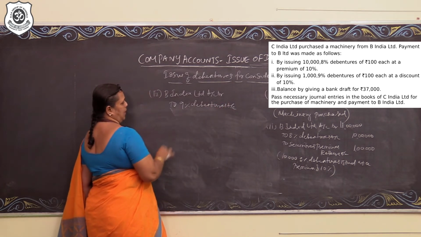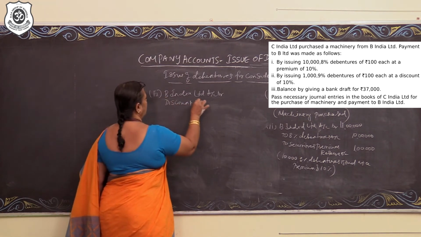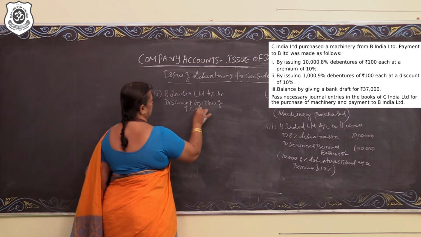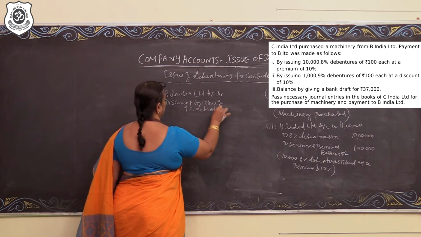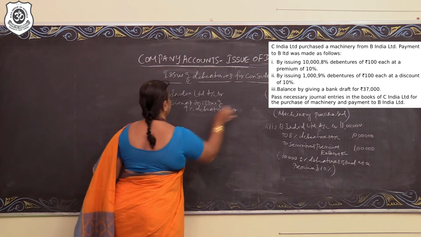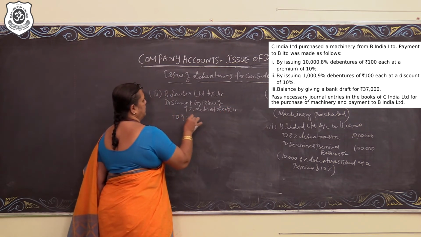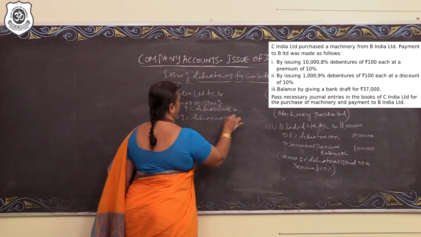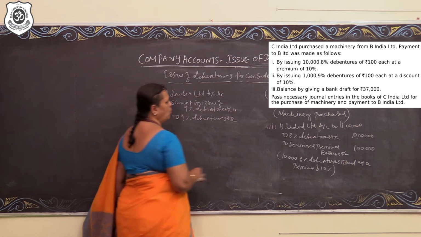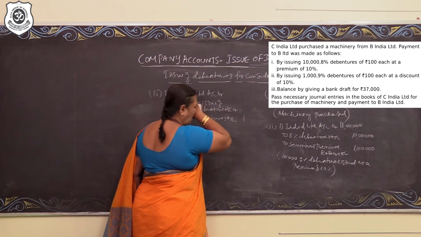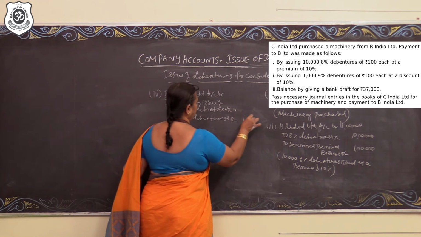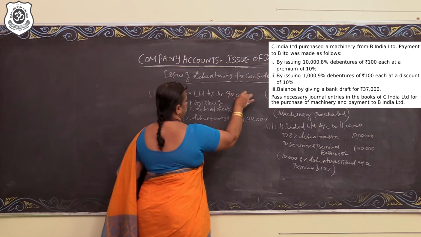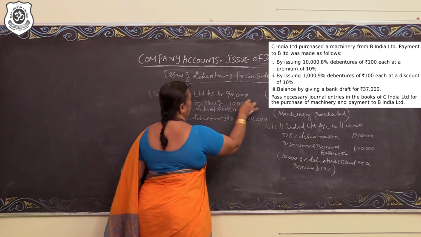So, this is going to be 1 lakh. This is 90,000 and 10,000 will be discount.